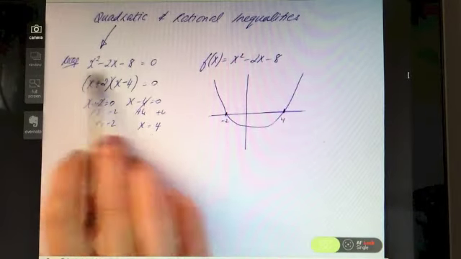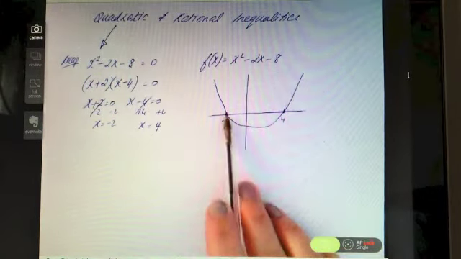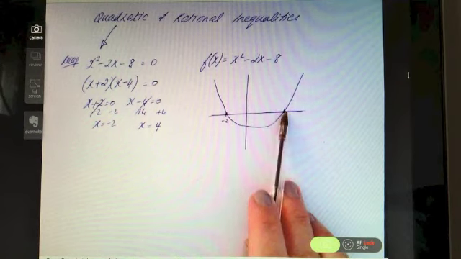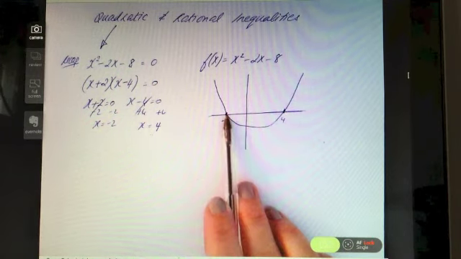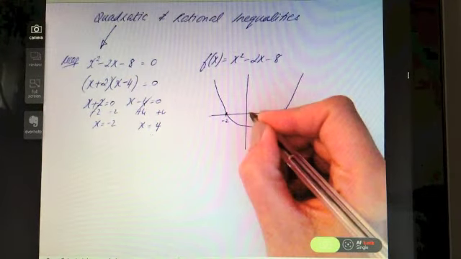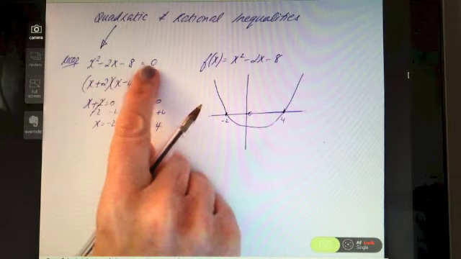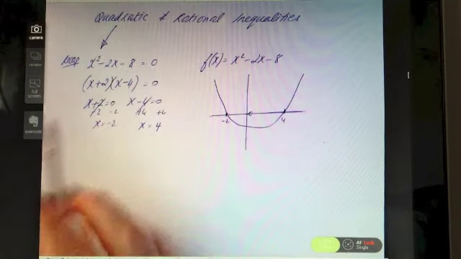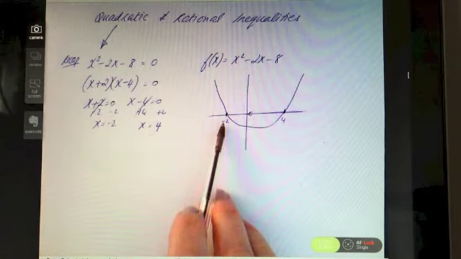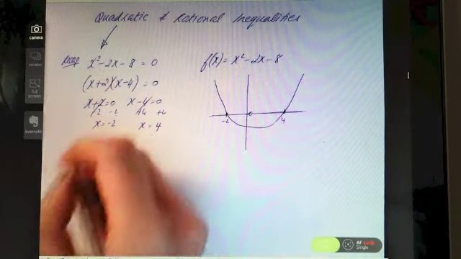So that's solving quadratics, and that's graphically what it would look like. Your solutions are the roots of the quadratic, or in other words, where the quadratic cuts the x-axis, at that line where it's 0. So that's when the function is 0. The result is 0 when you sub in the values x is minus 2 and x is 4.